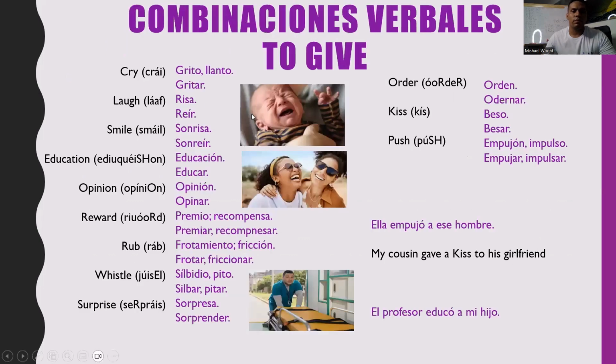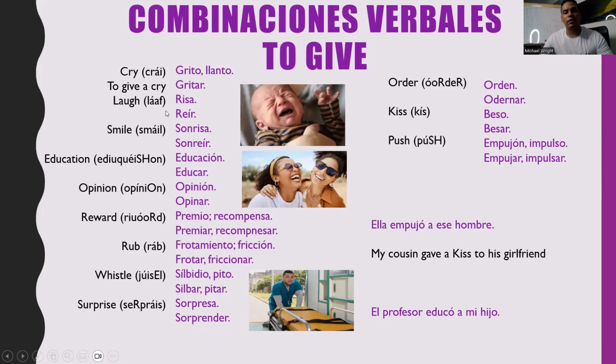So we have, for example, combinations with to give. We have, for example, cry, gritar, to give a cry. The same strategy we will use for the next upcoming verbs.